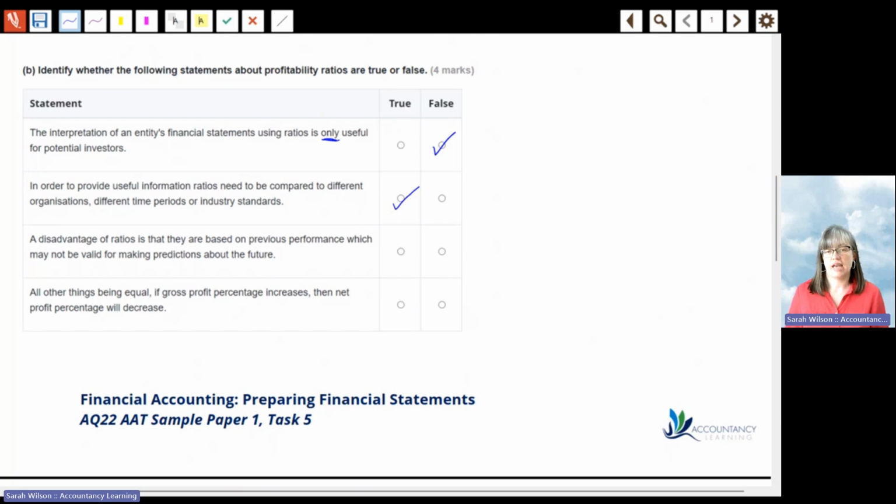The third one is a disadvantage of ratios is that they are based on previous performance, which may not be valid for making predictions about the future. And again, this one is absolutely true. So as much as the ratios do give us useful information about how the business has performed, that doesn't necessarily mean that that is going to be how it's going to perform in the future.